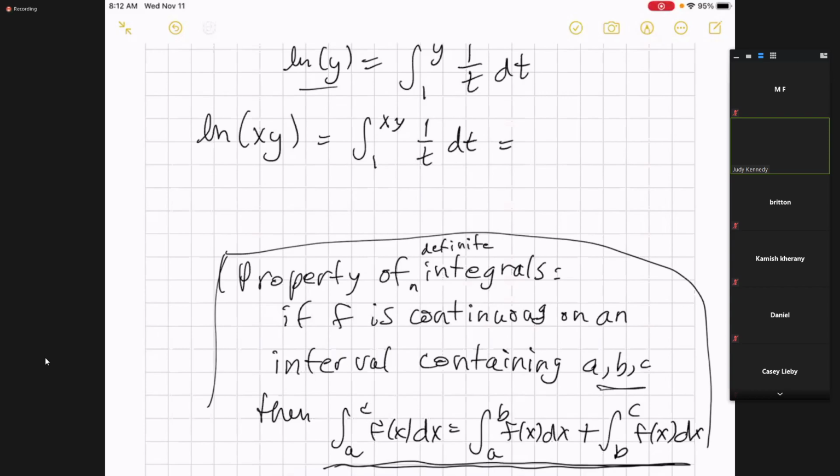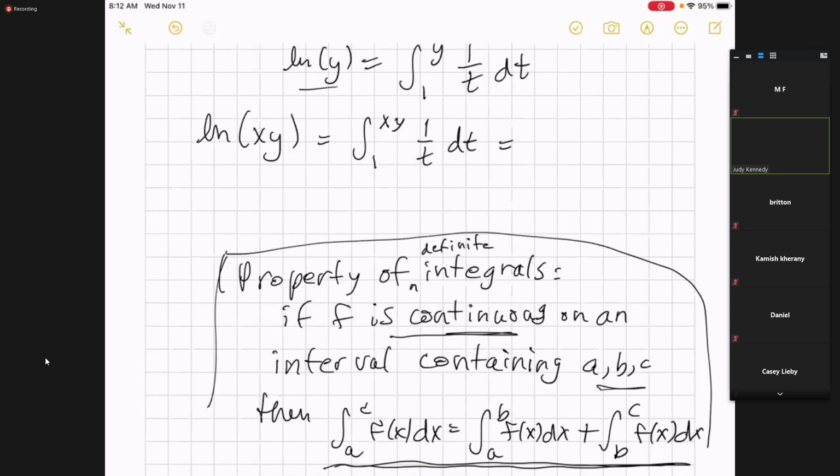Now, our function 1 over t definitely is continuous. Its domain is all the positive numbers. It's continuous over the positive numbers because it's got a derivative. The derivative of ln of x is 1 over x. Any differentiable function is automatically continuous.